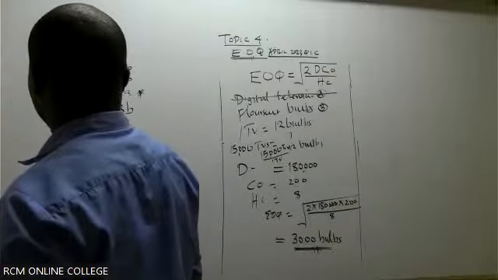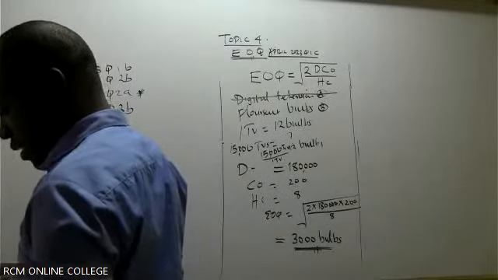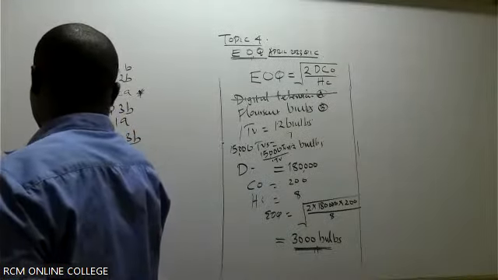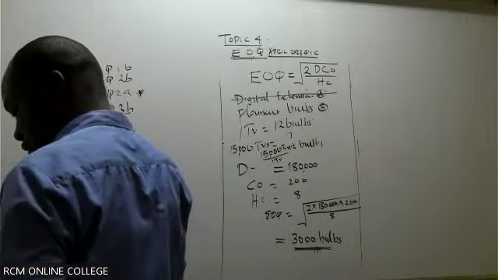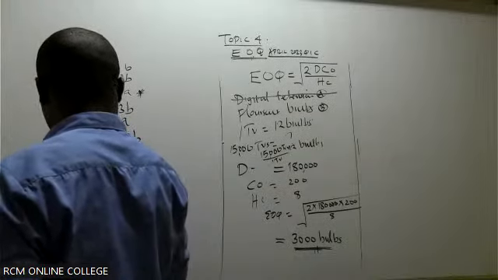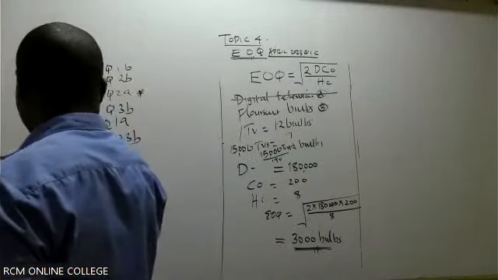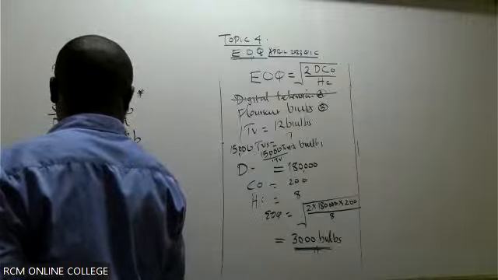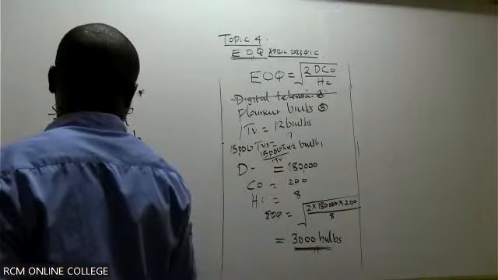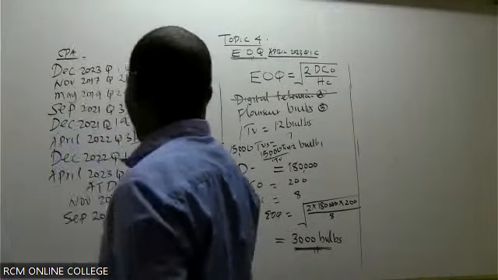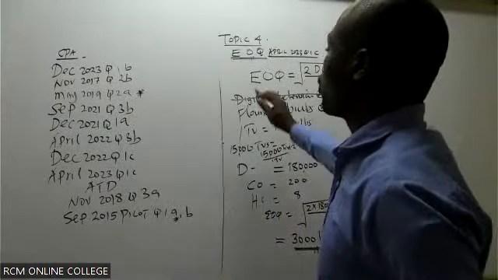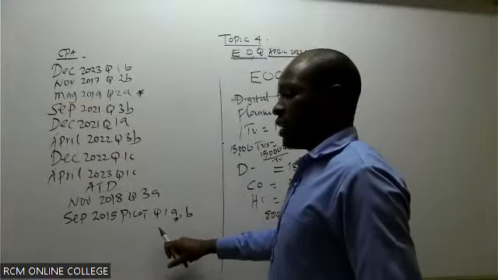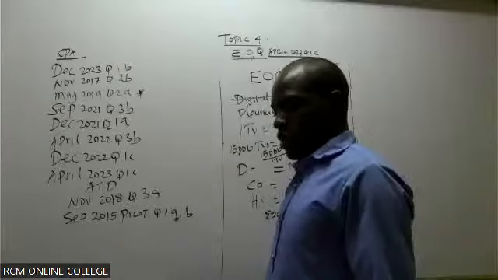Then ATD. I've only managed to access these two for now. November 2018, question number 3A. Then September 2015 pilot, question number 1A and B, whereby question number 1A is theory, assumptions of economic order quantity. So assumptions of economic order quantity was tested in this particular sitting.